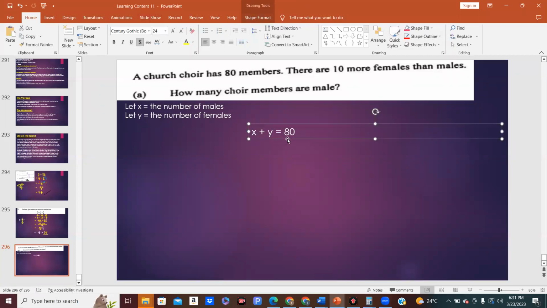So what else do we know? We know that X plus Y is equal to 80. We know that there are 10 more females than males.